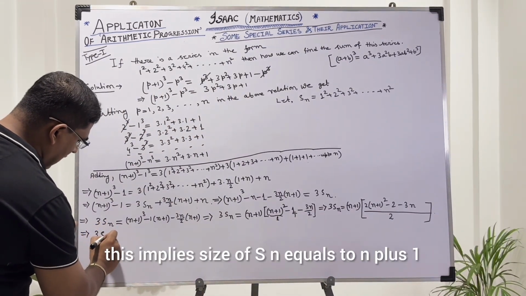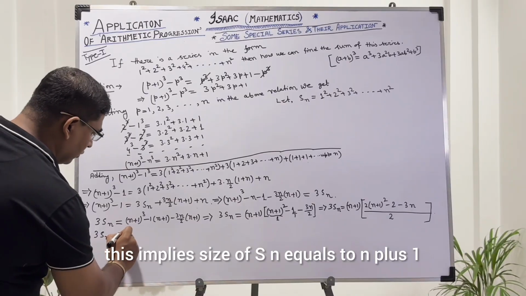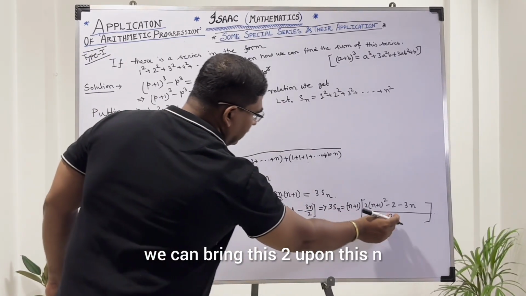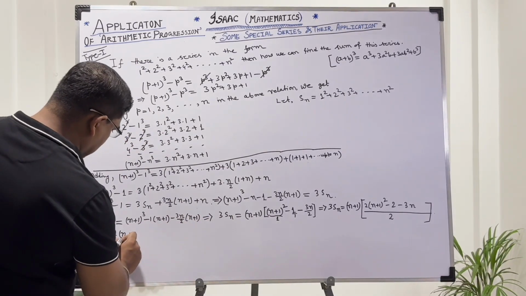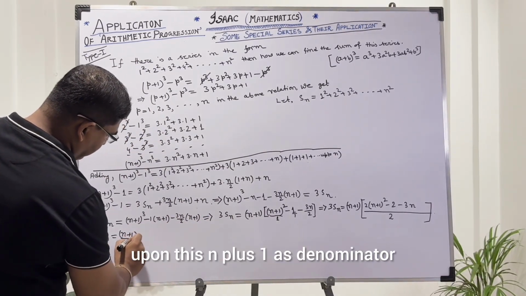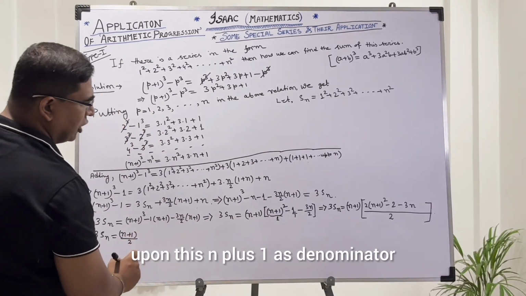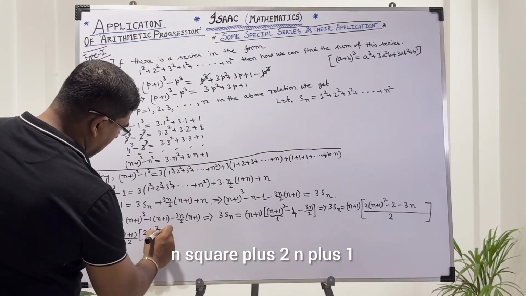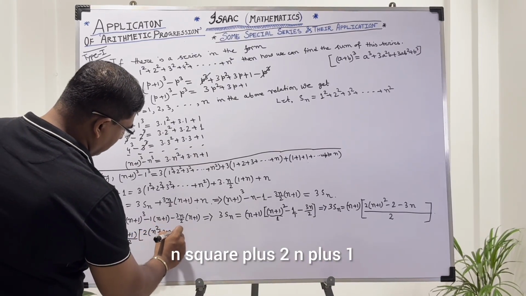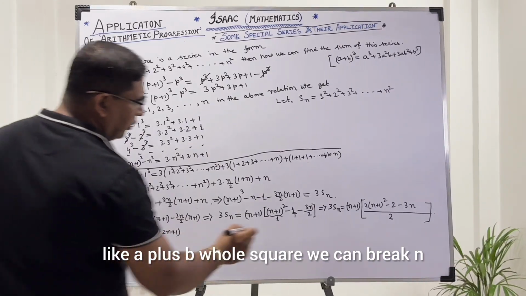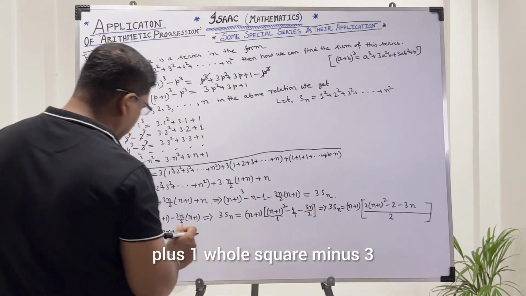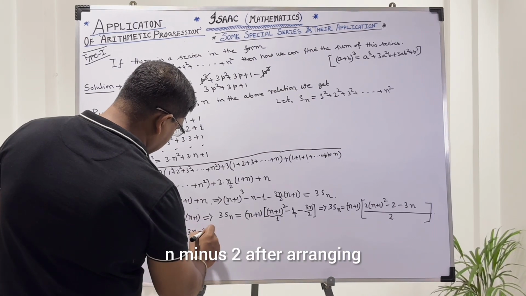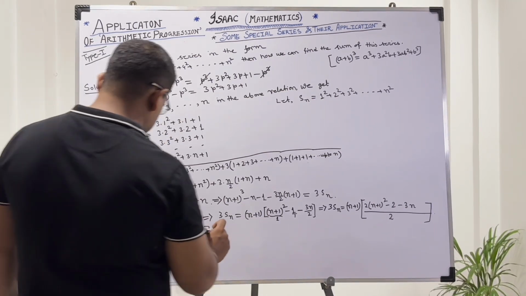This implies thrice of Sn equals n plus 1. We can bring this 2 as the denominator. Like (a plus b) whole square, we can break (n plus 1) whole square as n square plus 2n plus 1, minus 3n minus 2 after arranging.